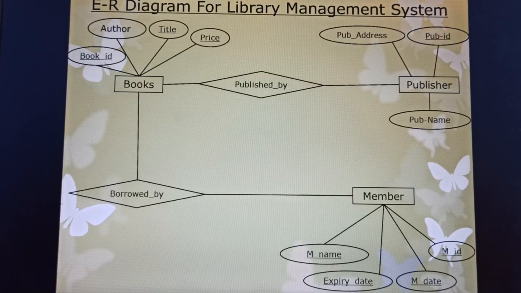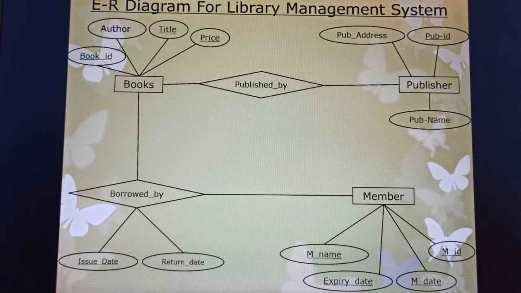Also, this relationship is identified using issue date and return date, because when a member issues a book from the library, then he should return the book by a particular return date. This is a library management system ER diagram.